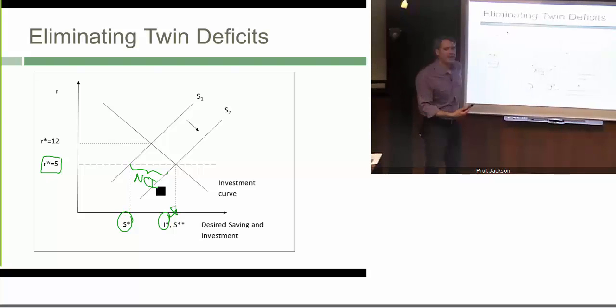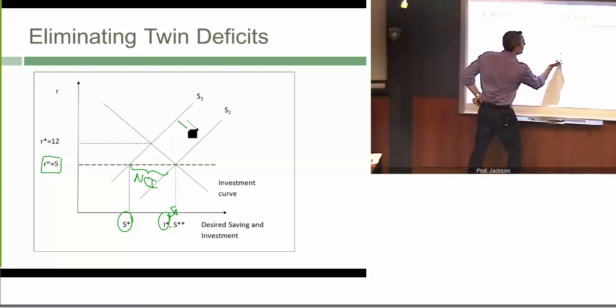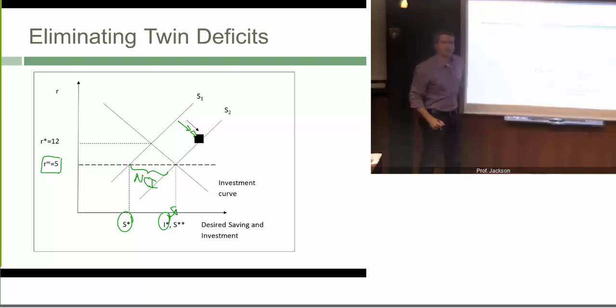Now, the way that we close that net capital inflow and that net export gap, as I said, is to raise savings in the economy. So if you can generate lower deficits or potentially higher budget surpluses and discourage consumption, that's going to have the effect of shifting the savings curve to the right.